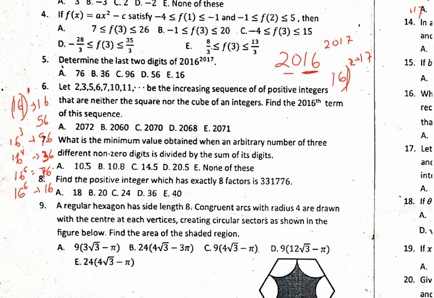So how do we now apply that principle to 2016 raised to power 17? You can see that if it is a multiple of 5, for 5 we are getting 76.